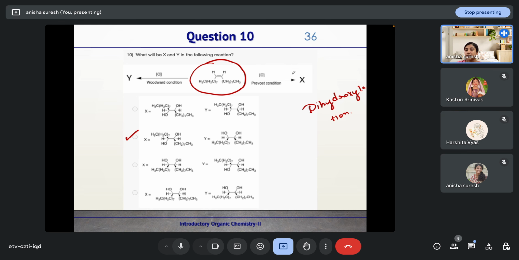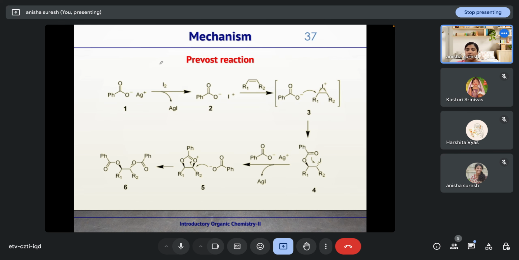So in Prevost condition, we will be getting anti-diols, and in Woodward condition, we will get syn-diols. Here anti-diol, and here syn-diol. So this is Prevost condition. Here in Prevost condition, we will use silver benzoate and I2.